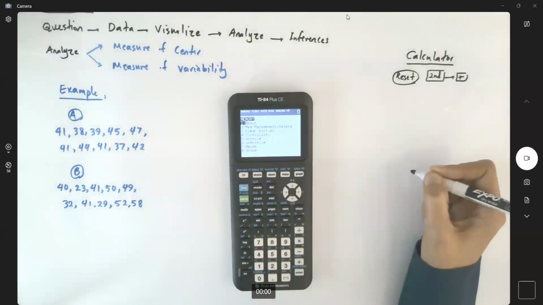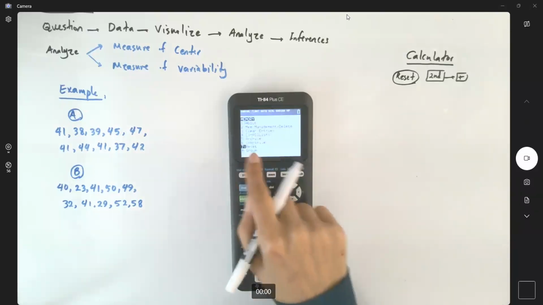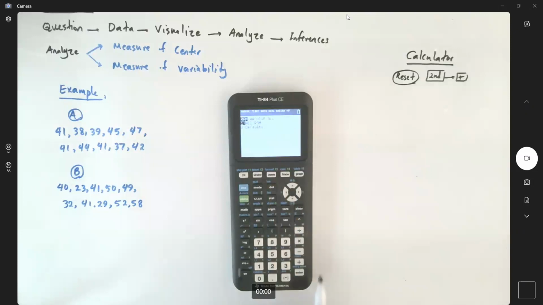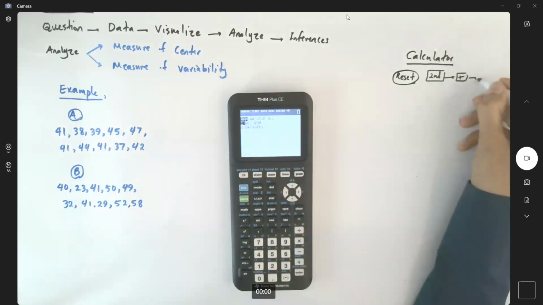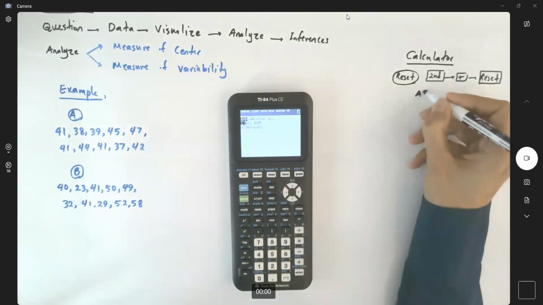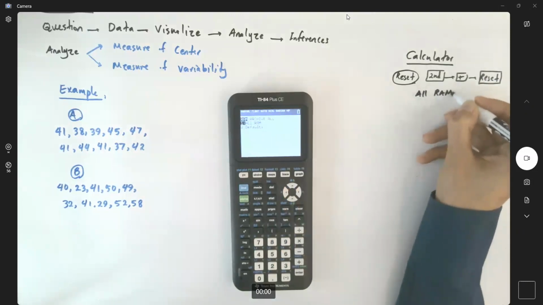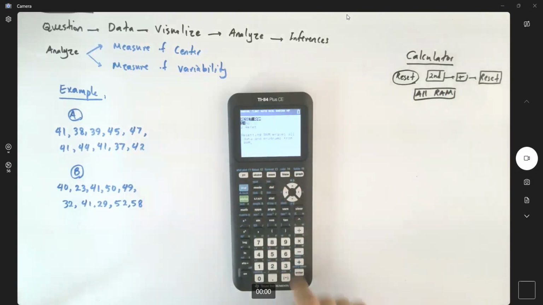You need to reset two things. Find the reset. Reset all RAM and also reset the defaults. So let me select all RAM.